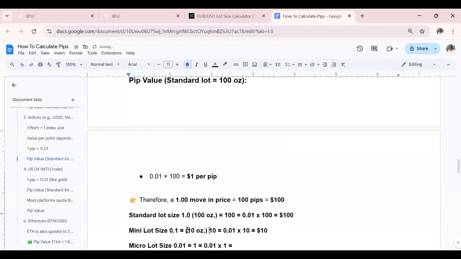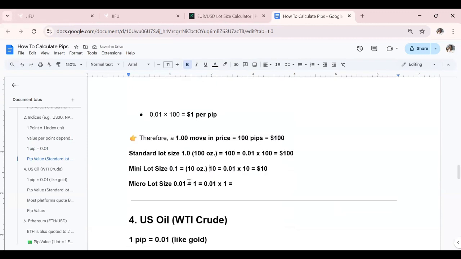And then one micro lot size is actually 1 ounce. Yes. So going by that calculation, I was actually correct.